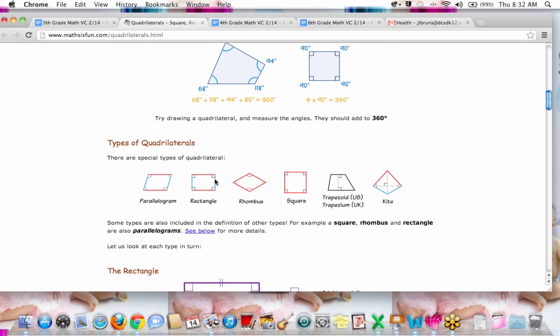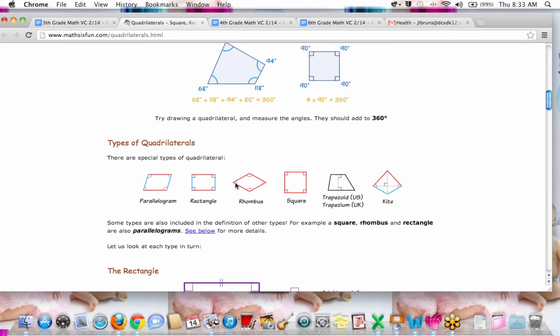A rectangle, I mean, that's pretty easy. I'm sure you all know what a rectangle is. Been dealing with those for quite some time. A rhombus. Now, what does a rhombus kind of look like? Sierra? It kind of looks like a diamond. Yeah, it kind of looks like a diamond. Exactly. So, what you can notice about a rhombus is look at this angle, and those are the same.